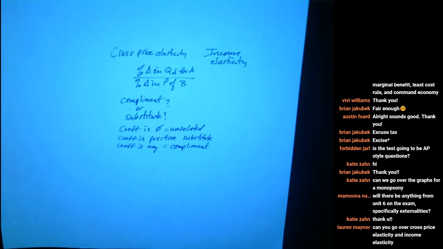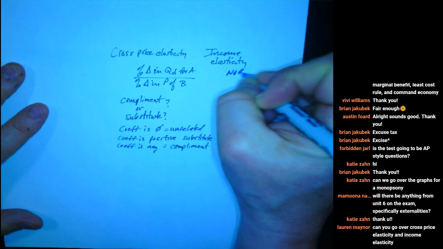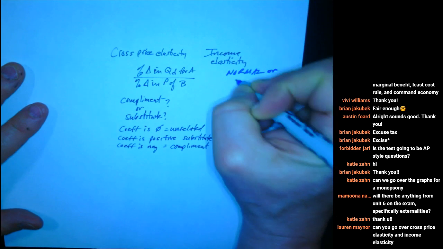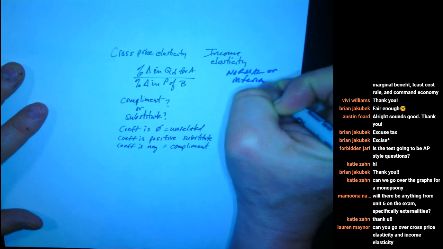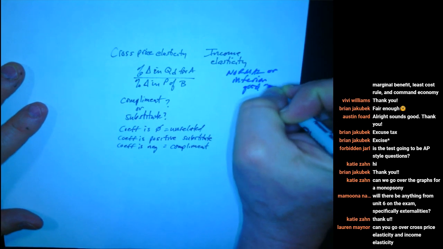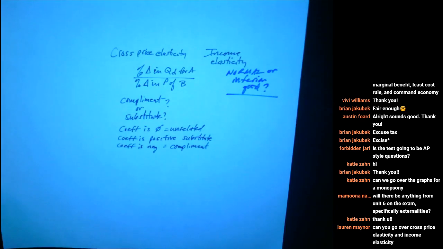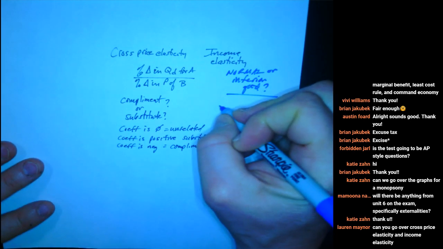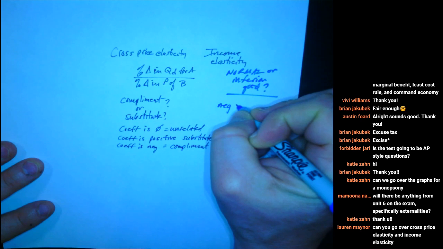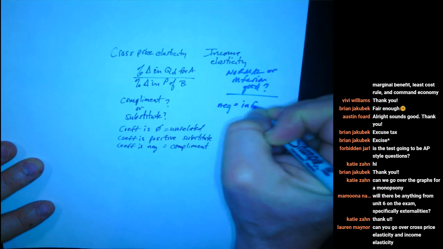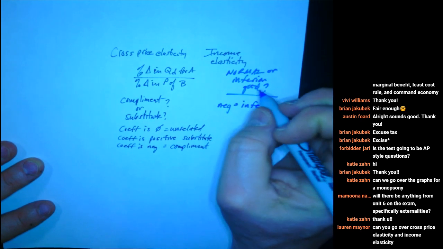So with income elasticity, we're trying to figure out, is something a normal or inferior good? Normal or inferior? Negative is inferior.